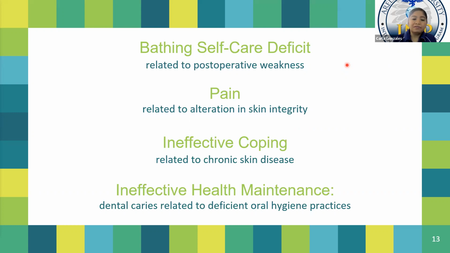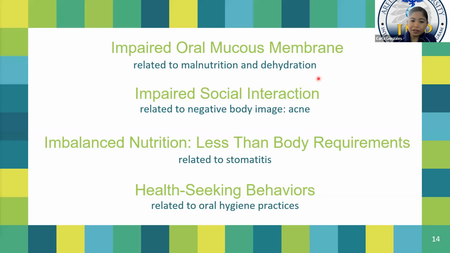And then there could be ineffective coping related to chronic skin disease, ineffective health maintenance. So you can just specify what specific area of the body is affected, receiving poor hygiene or care. Impaired oral mucous membrane. For patients who are undernourished, or those with dehydration, when you assess the mouth, it could be very dry.